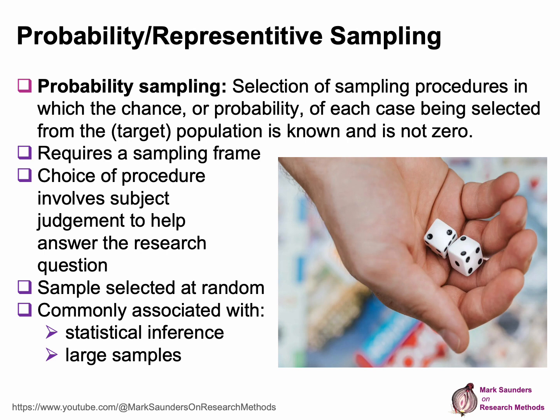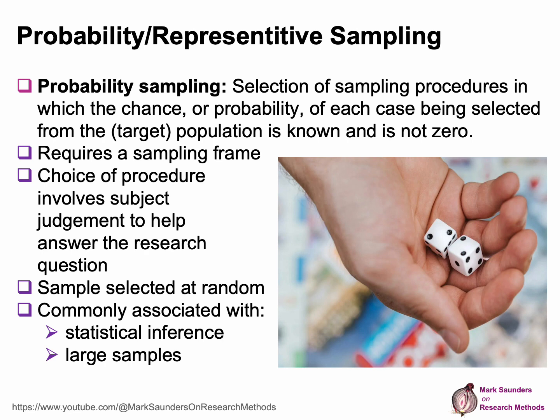A sampling frame is simply the list of the population. The choice of our probability sampling procedure involves a bit of subjective judgment because it's about choosing the most appropriate way of selecting our sample to enable us to answer the research question. The sample is then selected entirely at random using some form of random numbers. The most sensible way of doing this is either to use random number tables or, more likely, to use the random number generator on a spreadsheet.